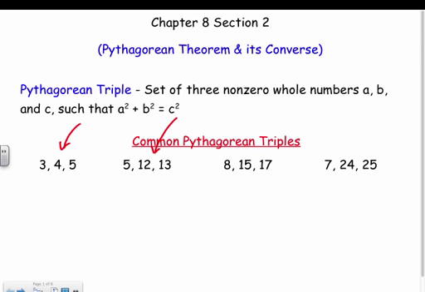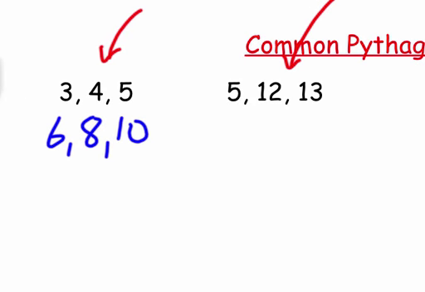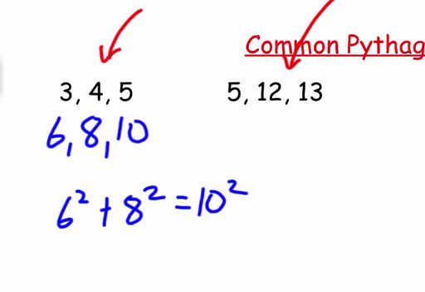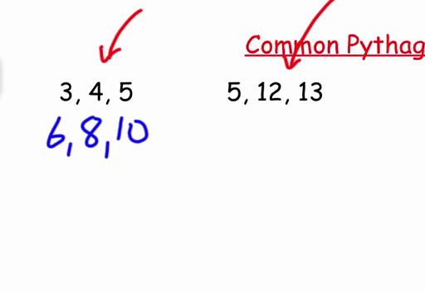So for example, if I look at the 3, 4, 5, just think if I multiply these all by 2: 6, 8, 10. If those are the three sides of my triangle, it would be a right triangle, because if I plug those into the Pythagorean theorem, 6 squared plus 8 squared equals 10 squared, it would work, right? I know it's a right triangle. So any multiple of 3, 4, 5.